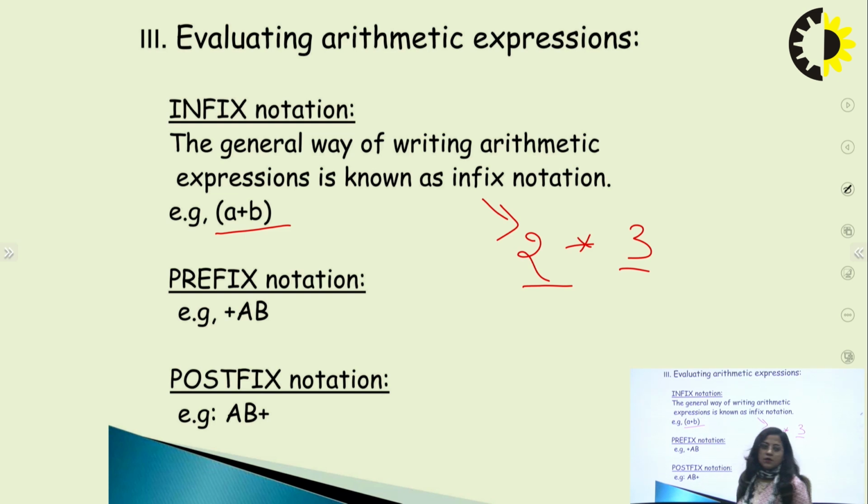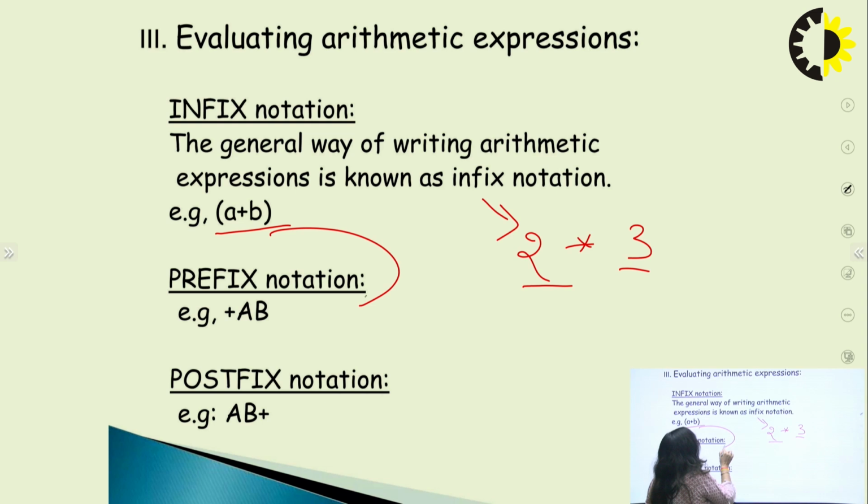Okay. Now to convert this infix expression into prefix: in prefix, you apply the operator first, then apply the operands. According to this diagram, there is one operator and two operands. To convert into prefix, first apply the operator, then the operands.